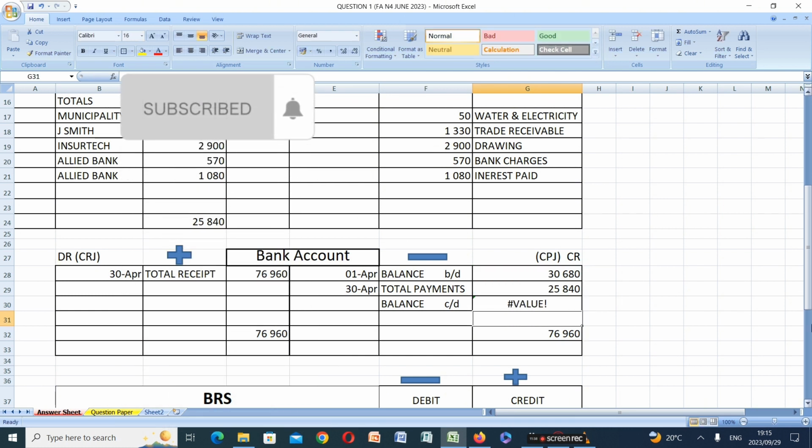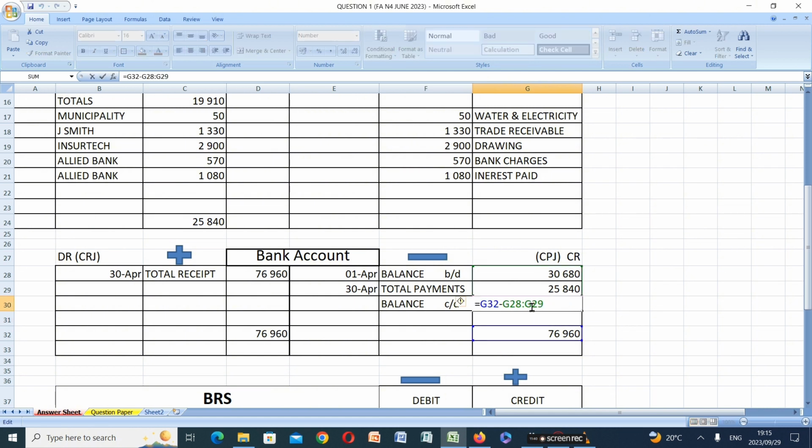Hopefully I get the correct answer. The answer is 20,440. If you're not sure with this answer, please double check with your calculator. Say this minus the two amounts to get your balance carried down.